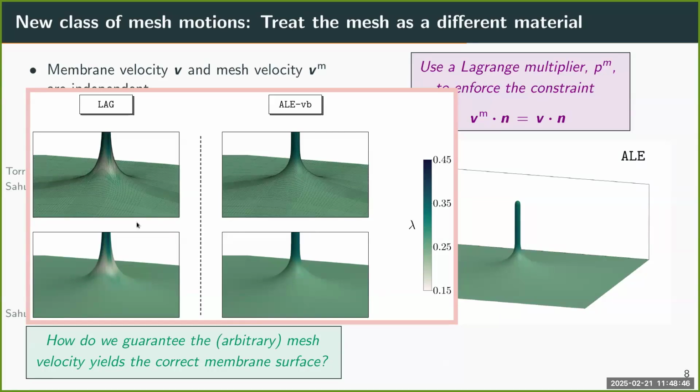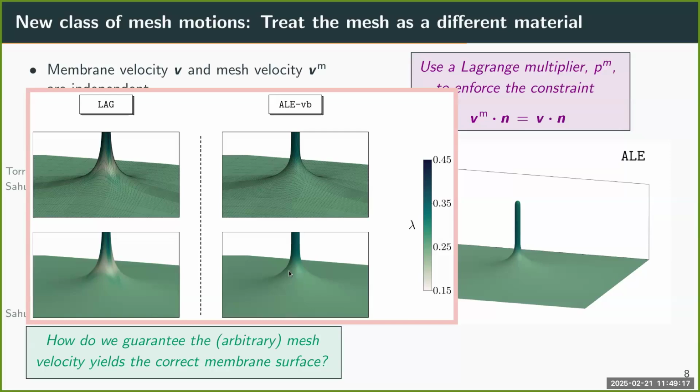What we see on the left is that the Lagrangian simulations have very distorted mesh elements, and we believe that's the reason we see this unphysical banding and regions of low surface tension. Whereas on the right, we have a much more well-behaved mesh, and we don't see any of these surface tension variations in the region between the tether and the remaining flat patch. So we believe this is a successful simulation of tether pulling.